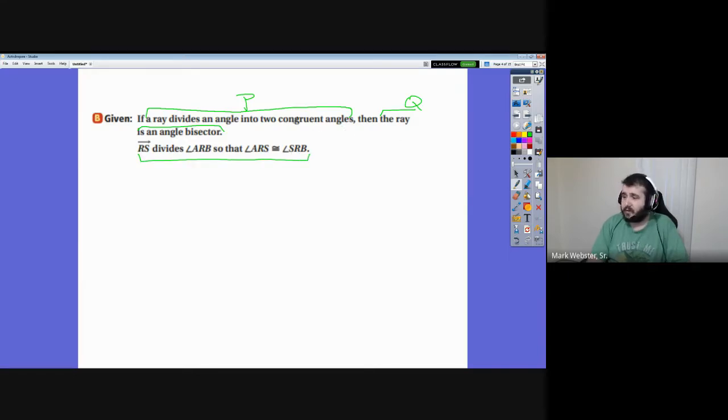So we're given an if then statement. That's important. So we know we've got our P implies Q. Now the question we have to ask ourselves is this thing that they gave us in the form of P? Are we being told that a ray divides an angle into two congruent angles?